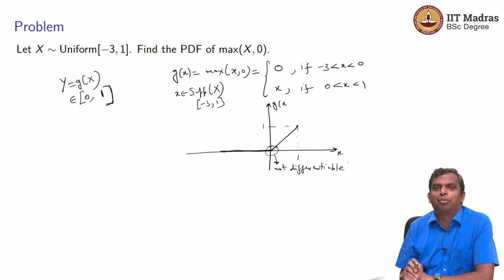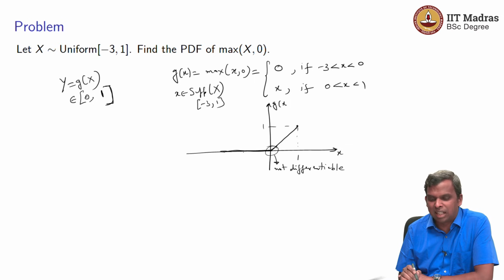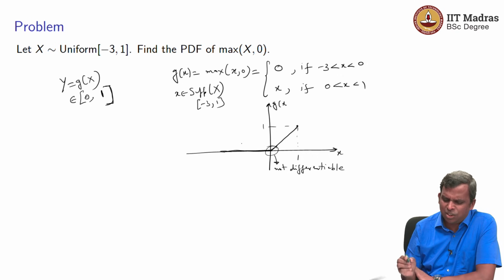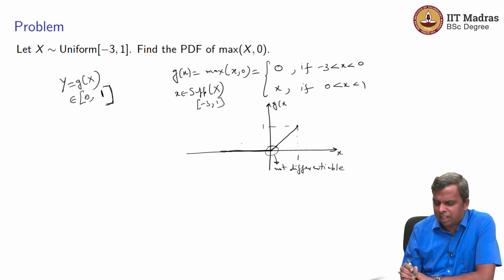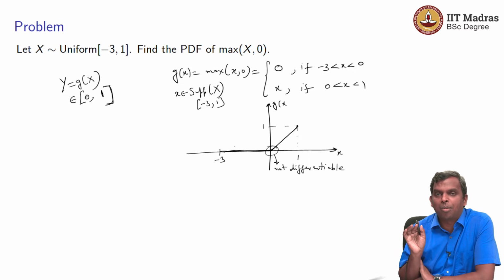And it's also not invertible. When I say monotonic, it needs to be strictly monotonic, as in it's increasing or decreasing. This is staying constant for a long time, and that is not very nice for my formula. So my formula won't work. I have to go back to my previous method.